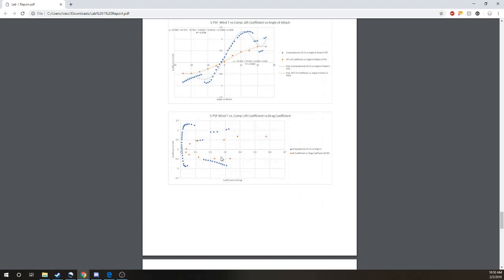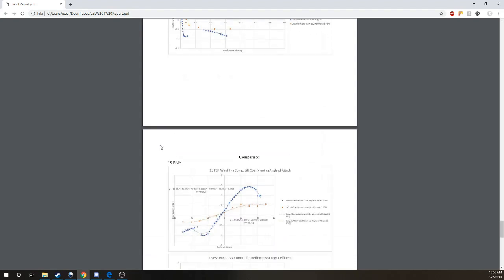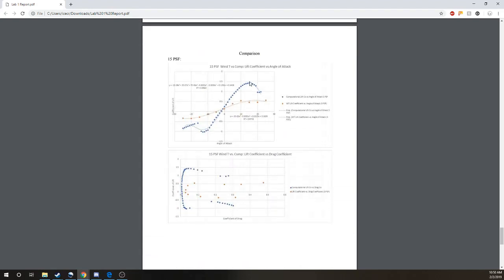And then if we look, the coefficient of drag and coefficient of lift were different, as in this one we had much higher drag in the wind tunnel with lower lift. And this is at 15 pounds per square foot. We tested it in 2 environments, the 5 pounds per square foot wind pressure and 15 pounds per square foot wind pressure.